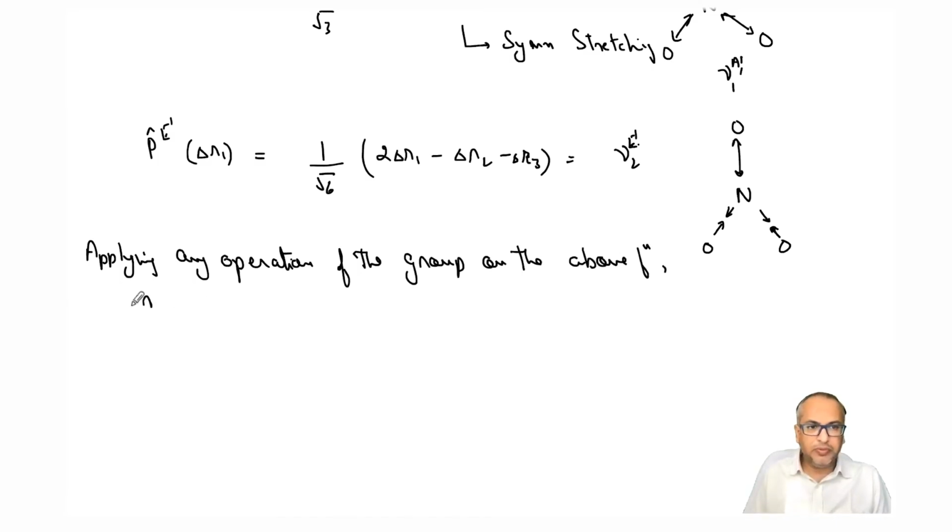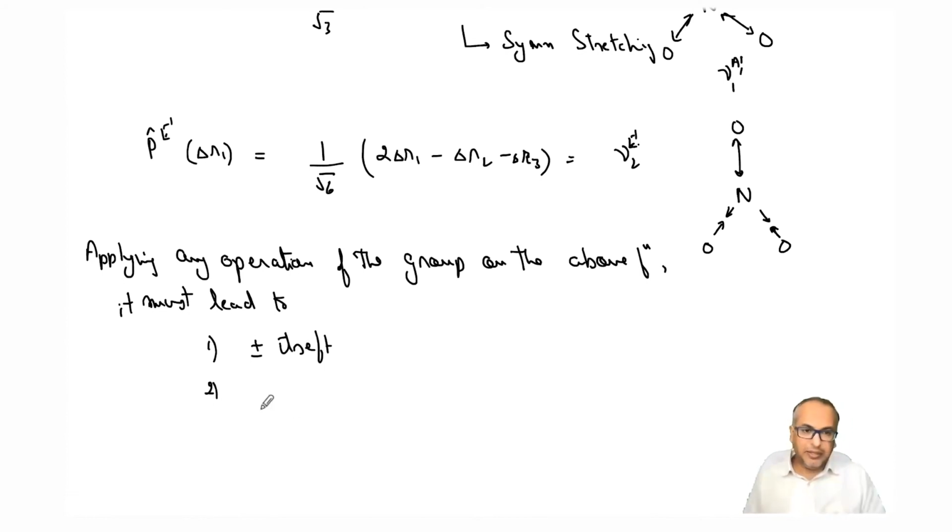It must lead to one of three options. Plus or minus of itself: you'll get the function back with a plus or minus sign. The second will be plus or minus another.